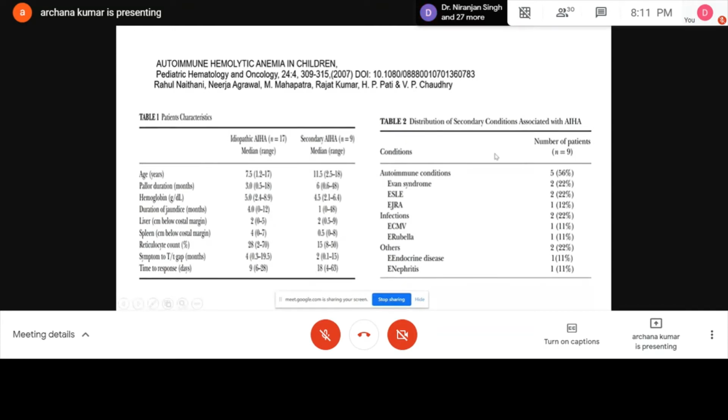And what were the secondary causes? The most important were autoimmune conditions. These were 56%, out of which Evans syndrome, SLE, and others were there. Among infections, they were CMV and rubella. And the others were endocrine diseases and nephritis. So this is what we talked about in secondary. These are the kinds which we tend to see in India.